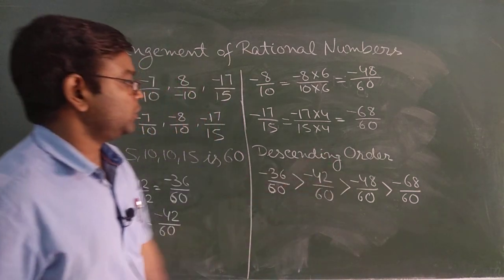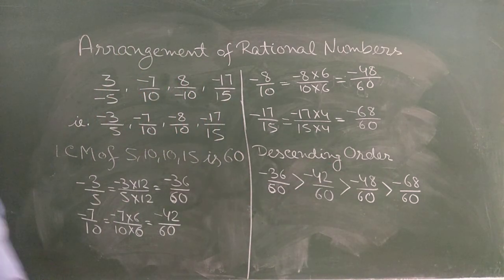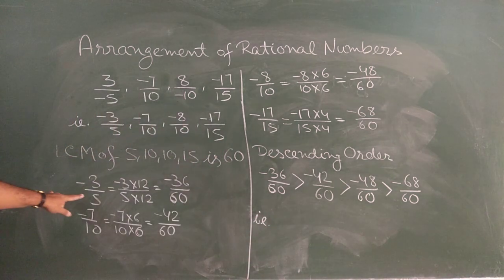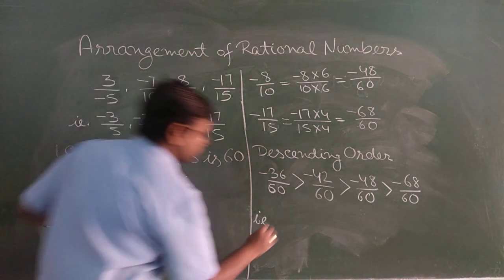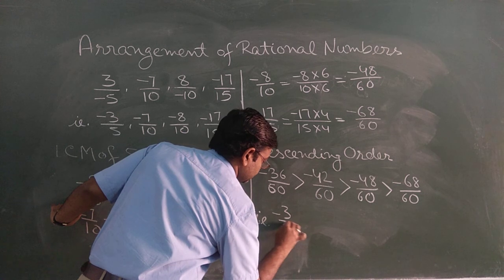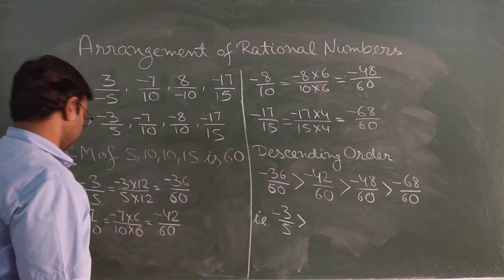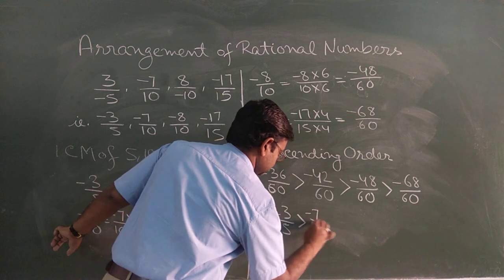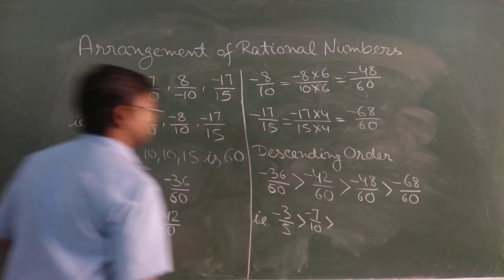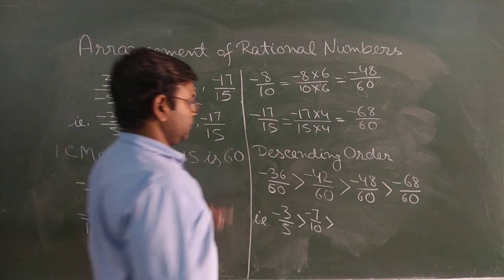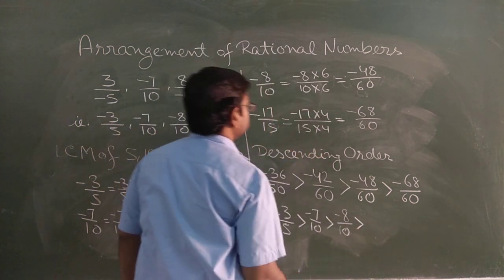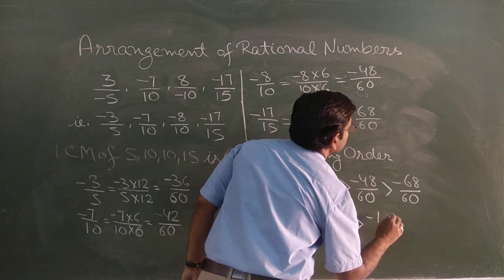That one is the very smallest number. So that is the last line. That is, you must write down minus 3 upon 5 is greater than minus 7 upon 10 is greater than minus 8 upon 10 is greater than minus 17 upon 15.